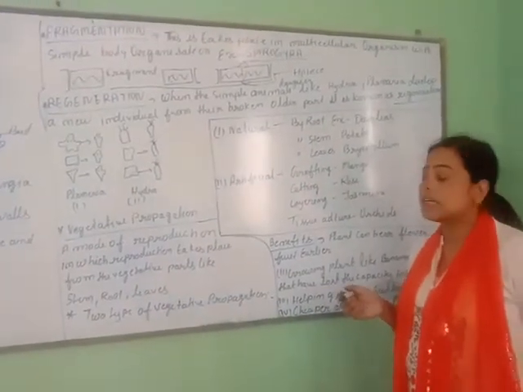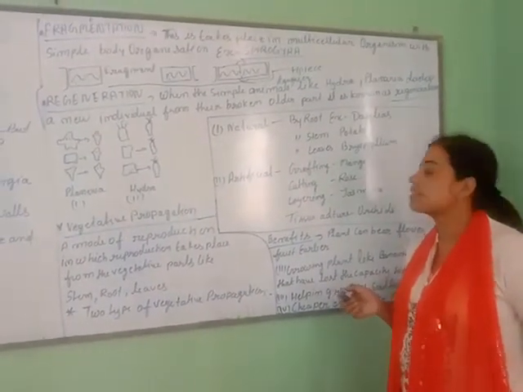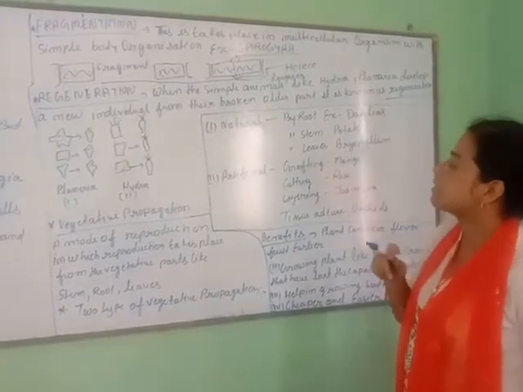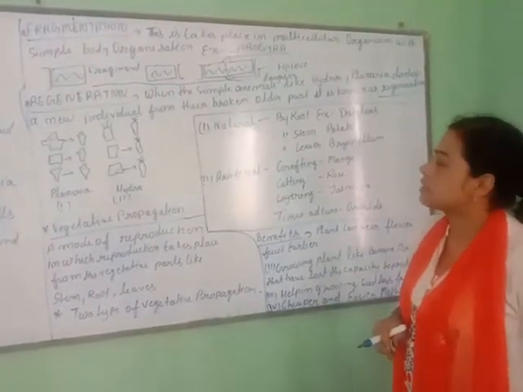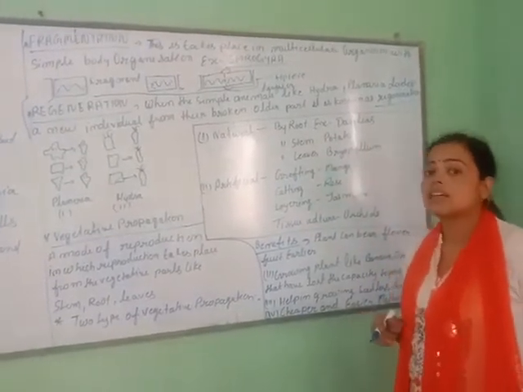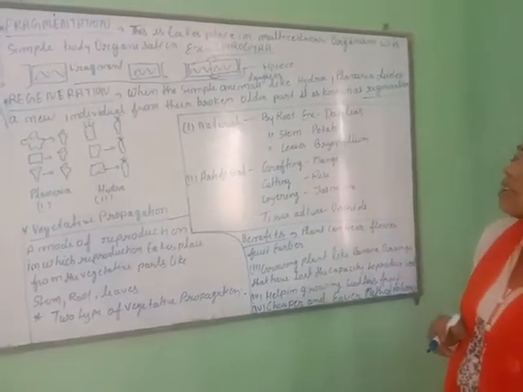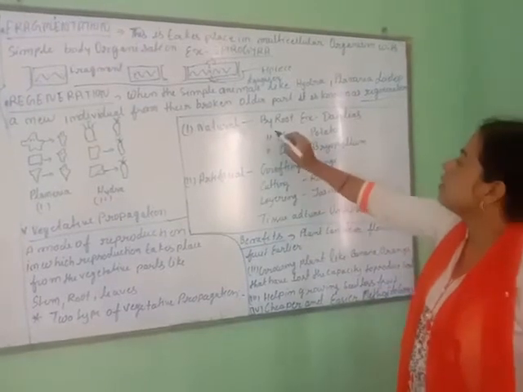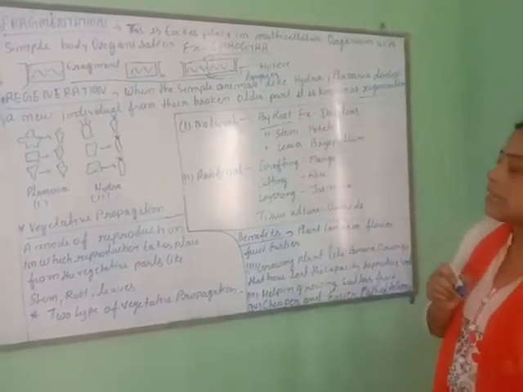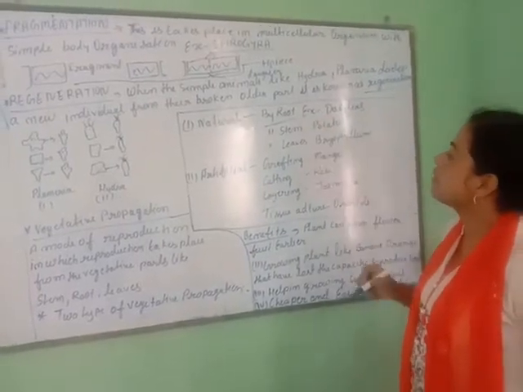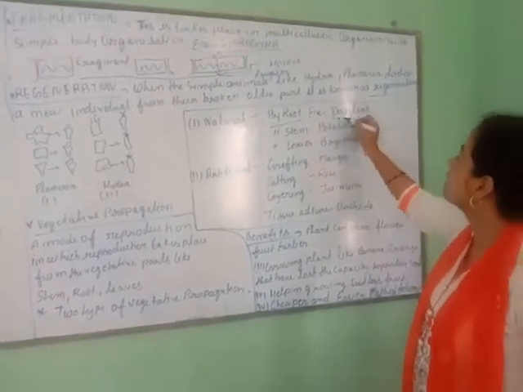Let's see the types of vegetative propagation. We already know there are 2 types. First is natural vegetative propagation, and second is artificial vegetative propagation. What is involved in natural vegetative propagation? First, by root. An example of root in natural propagation is dahlia.